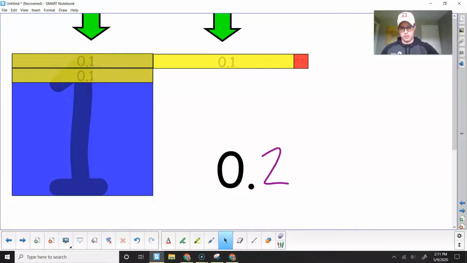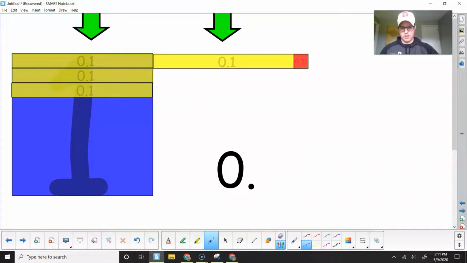Let's go up another one. 0.3. See how I have 3/10? Because this means 0 and 3/10. I hope that makes sense to you. Let's add another one. Now we have 4/10, which is known as 0.4. Keep going.